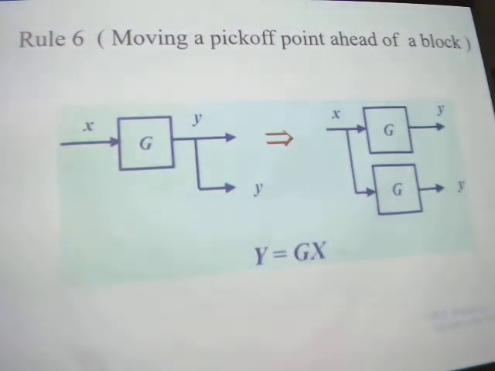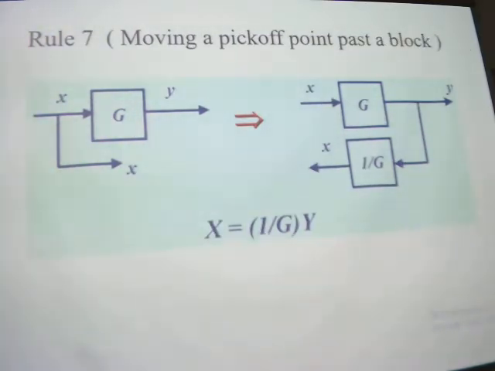Now, the next rule is moving a pickoff point past a block. This is the reverse procedure of rule 6. You can see this output is x for this arrow.